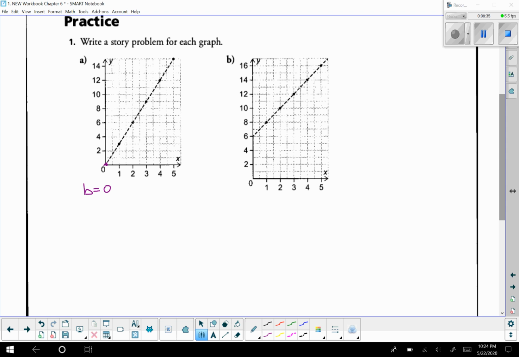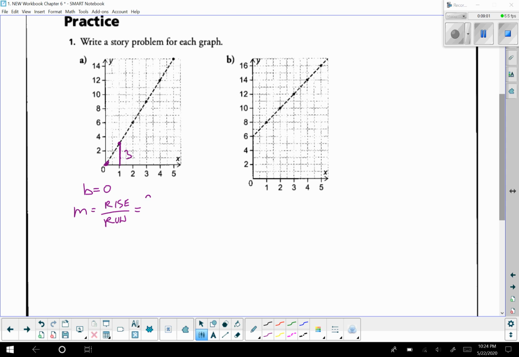Second thing is I'm going to look at the rate of change. So if I look at the rate of change, remember from a graph, you pick 2 points and then you do rise and run. So I'm going to write that m equals rise over run. And I'm going to pick this point, 0, 0, and I'm going to pick this next point, which is 1, 3. So my rise, my vertical increase, goes from 0 to 3.